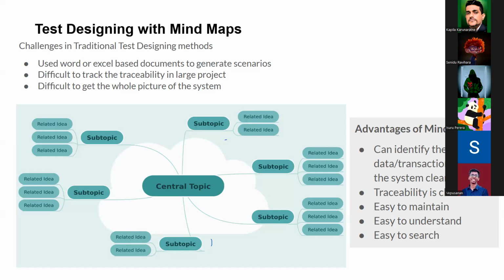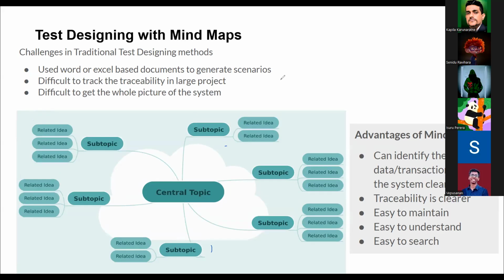In addition to that, you can use a mind map. And if you would like to learn a little more about this design concept, one thing you can try is the pairwise combination, the pairwise testing algorithm.